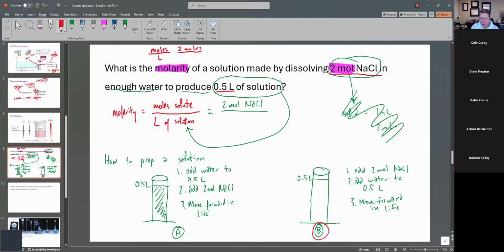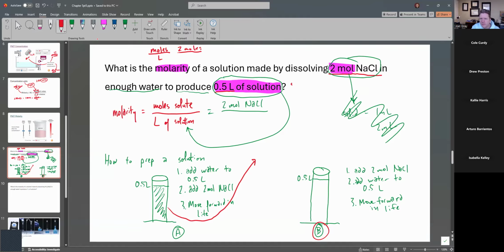And I want you to think about, let's kind of change the parameters just a little bit. What we want is 0.5 liters of solution.